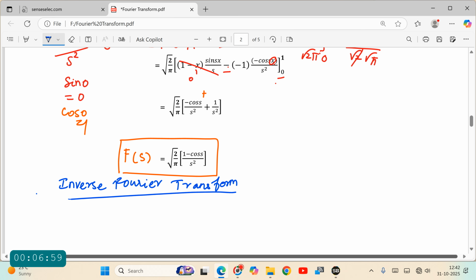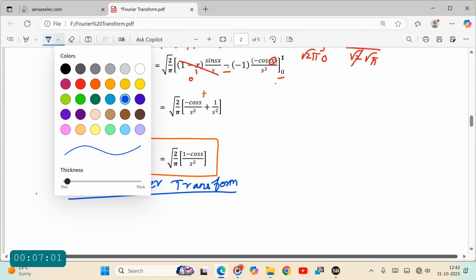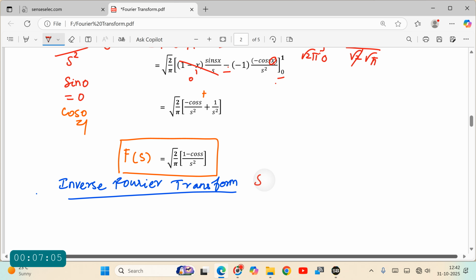For the inverse Fourier transform, we need to show that the integral from 0 to infinity of (sin t by t) the whole square dt is equal to pi by 2. This is the term we need to prove.